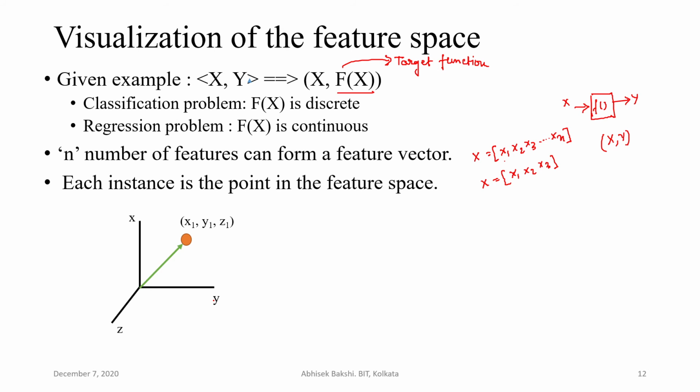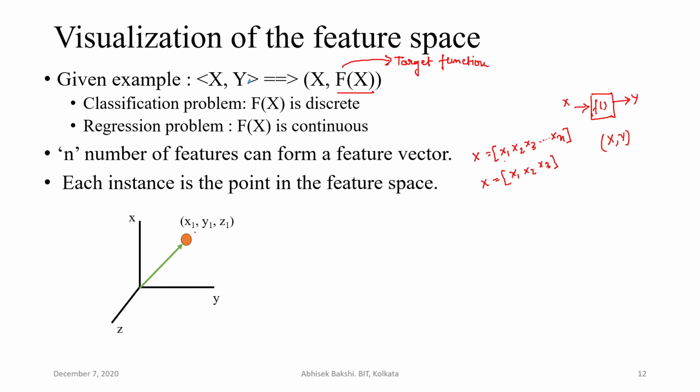If you consider the first pattern, just try to imagine this one, that you have a 3-dimensional space of features, and in the space the pattern 1 that is representing x1, y1, z1 is a point in that space, and that point can be represented as a vector x1, y1, z1 that I have drawn over here in this way. We all know that a vector is drawn from the origin 0, 0, 0.